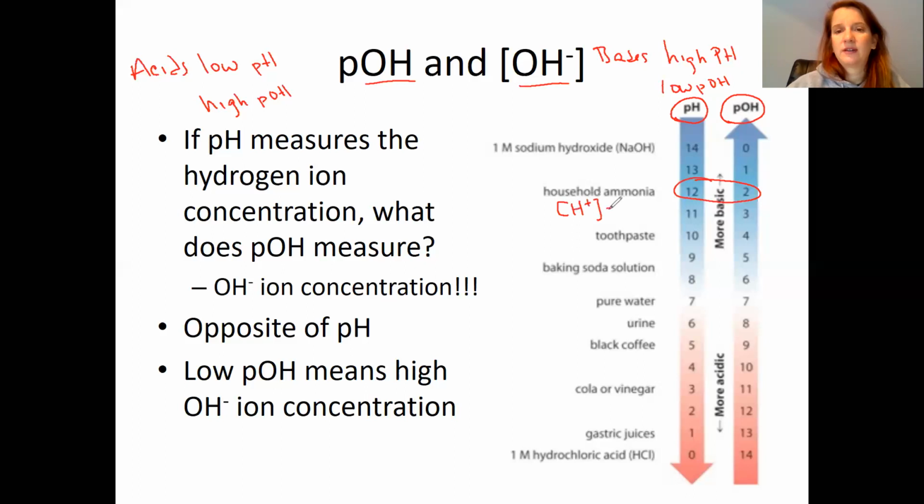I said hydroxide, didn't I? So the hydroxide ion concentration for ammonia is going to be high because it's a high pH, a low pOH. The hydrogen ion concentration is going to be low because it has the high pH. Okay.